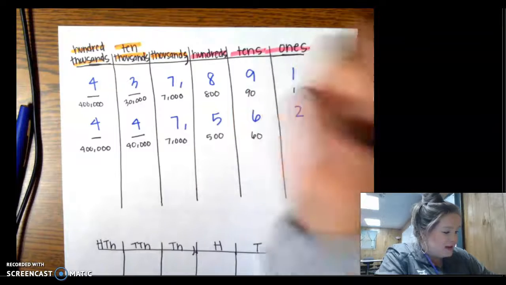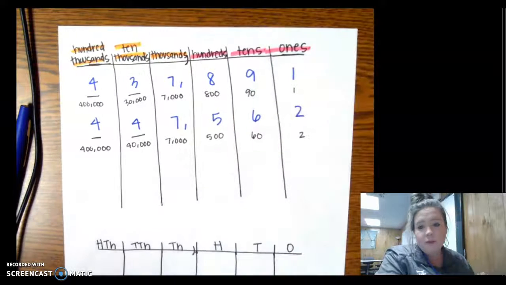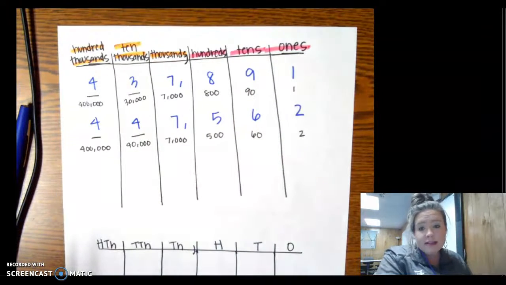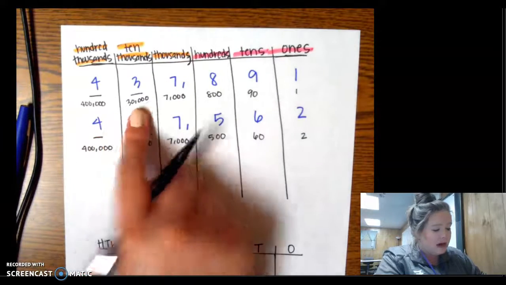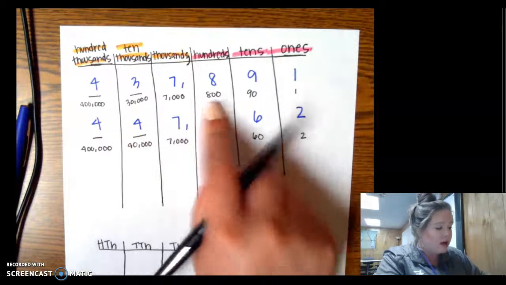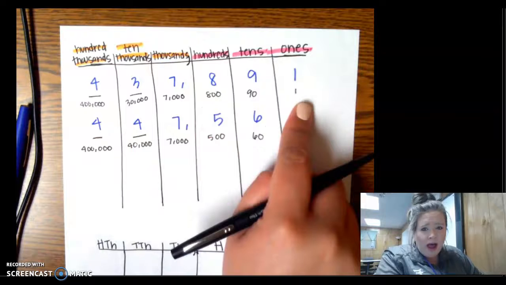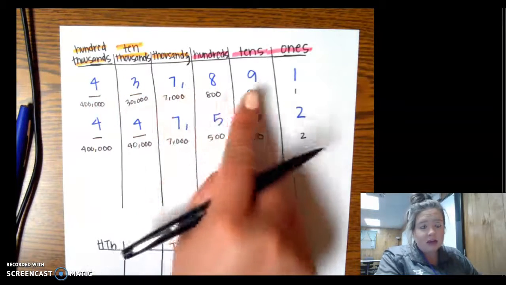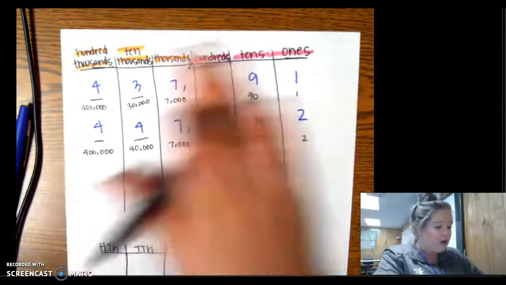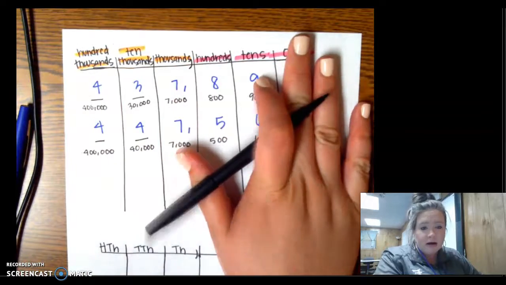And then these are the same because they are in the ones place value. All right? So if you were writing this number in expanded form, you would say 400,000 plus 30,000 plus 7,000 plus 800 plus 90 plus 1 is the same thing as 437,891.